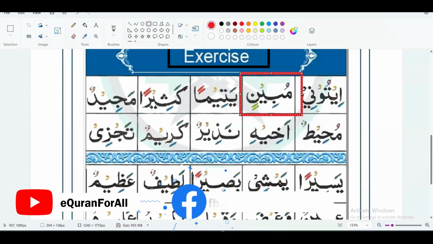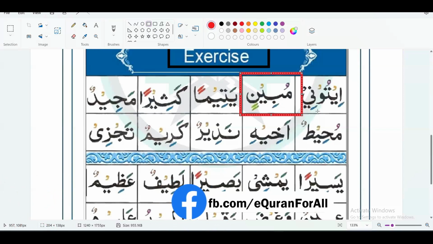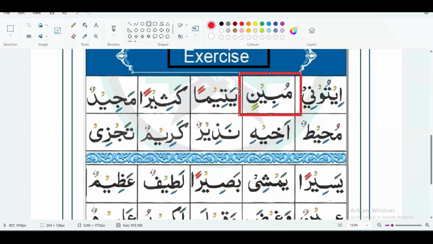We stretch it because ya madda. Then come on, the last letter. Excellent. Read again the whole word. Mubinin. Very good. Just stretch it a little bit more. Mubinin. Excellent. Very good.